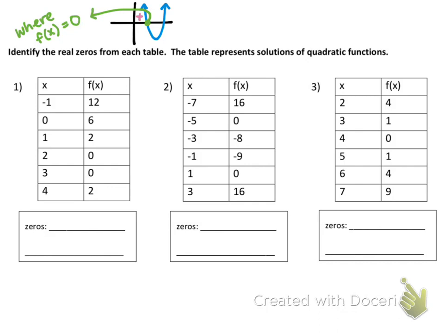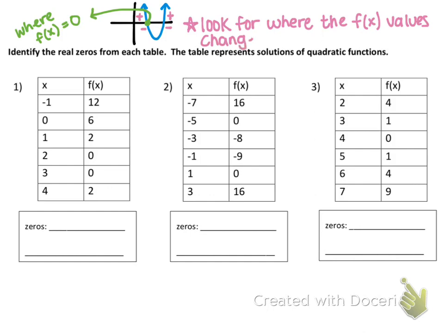It either goes from a positive y value to a negative y value, or a negative y value to a positive y value. What that means is that if we have a table where we can't see where f of x is equal to 0, we're going to look for where the f of x values change from either positive to negative or negative to positive.